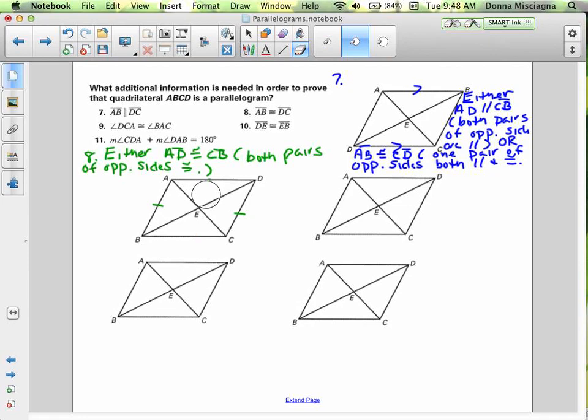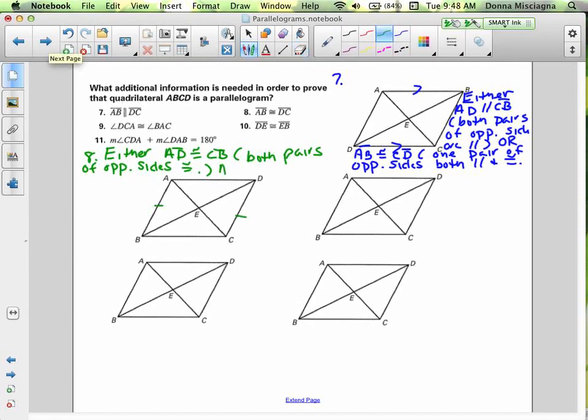The other way would be the same as the other problem. These two sides would have to be parallel, and that would give us one pair of opposite sides, both parallel and congruent. And the one we were given, the sides were parallel. This one we were given, they were congruent. All right, so let's add the other thing that's needed.